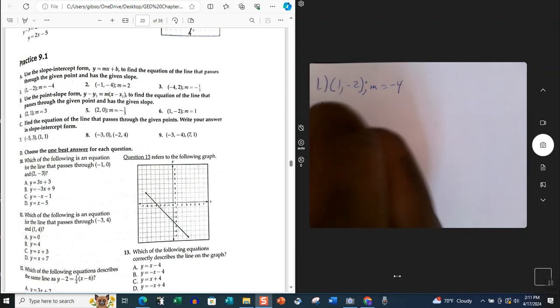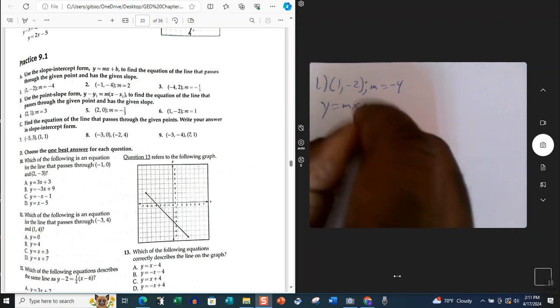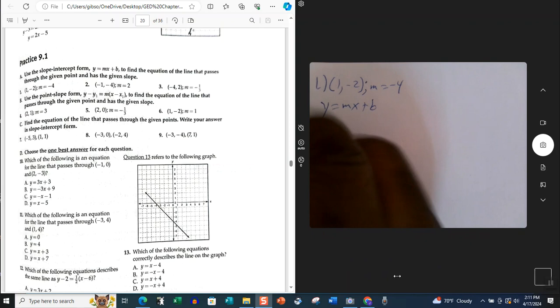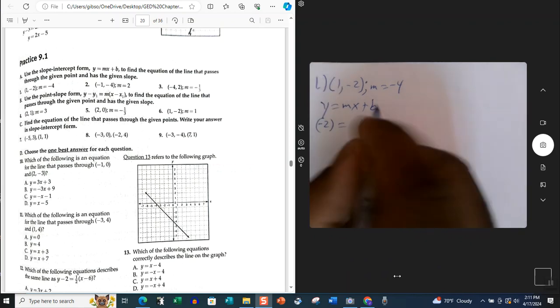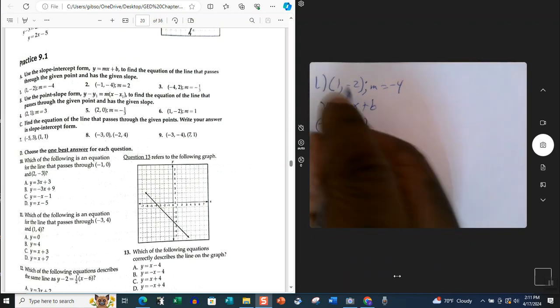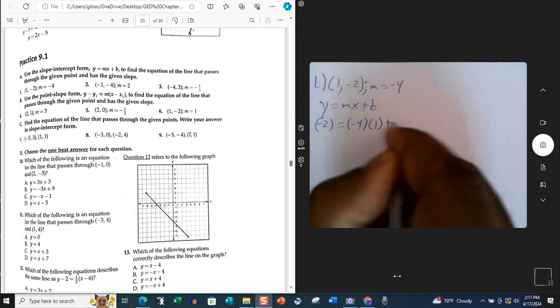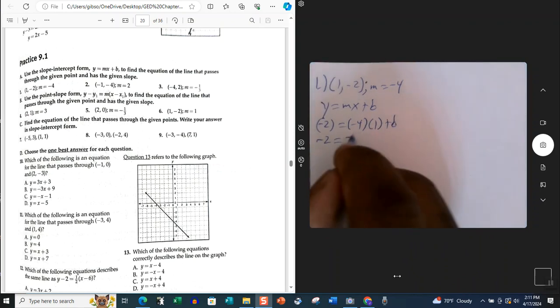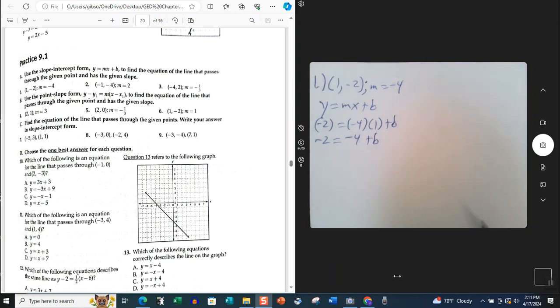So our formula is y equals mx plus b. So now we go through and substitute with all we have. So negative 2 would be y, the slope would be negative 4, and x would be 1, and then plus b. So we have negative 2 is equal to negative 4 plus b.